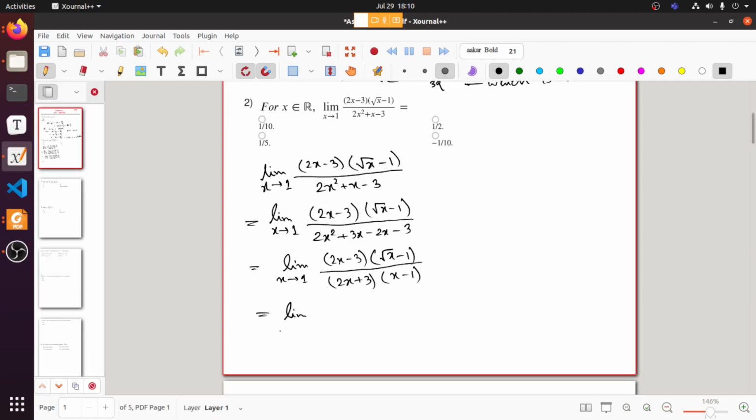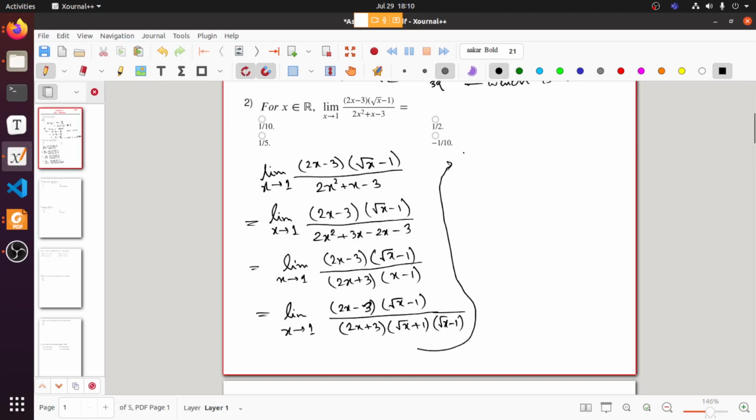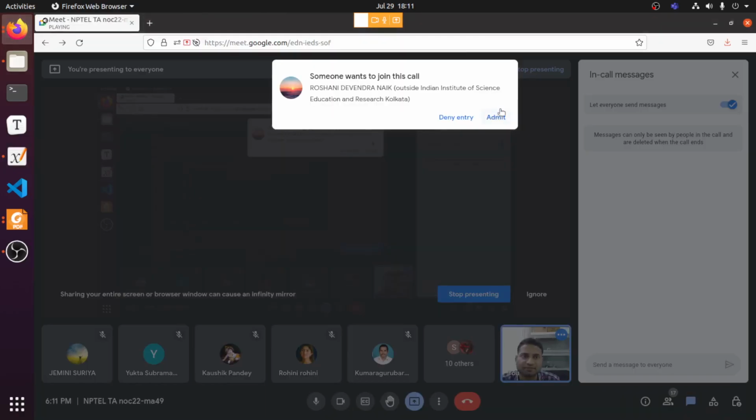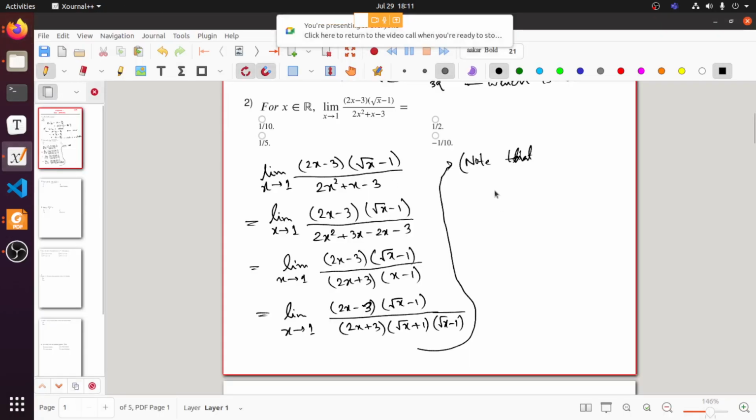So this is 2x minus 3 square root of x minus 1 by 2x plus 3, and this you can factor as square root of x plus 1 times square root of x minus 1. Here note that x not equal to 1, right?